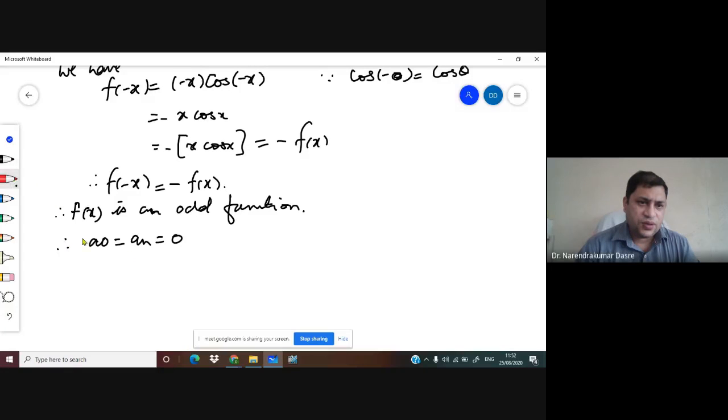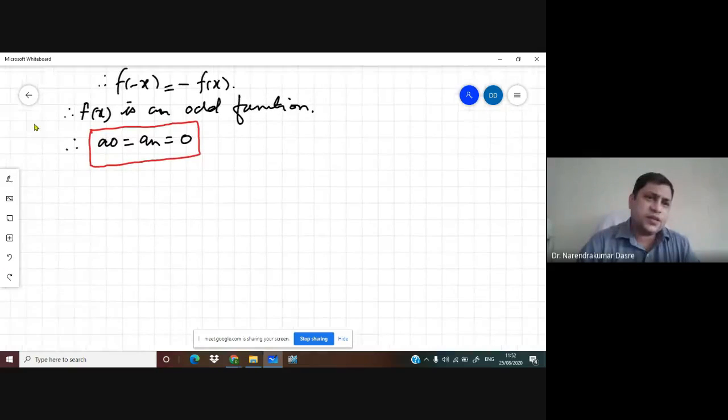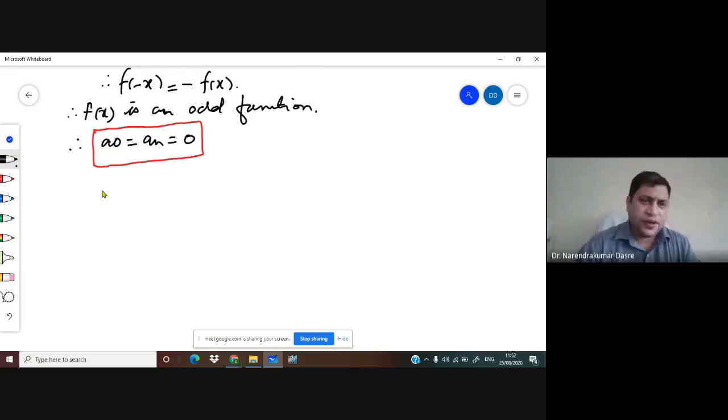Once we know a0 equals an equals 0, we are able to write the Fourier series. In case of even and odd functions, please be careful. First, you have to identify the function. Then you have to write what is going to be 0, and after that you write the Fourier series.